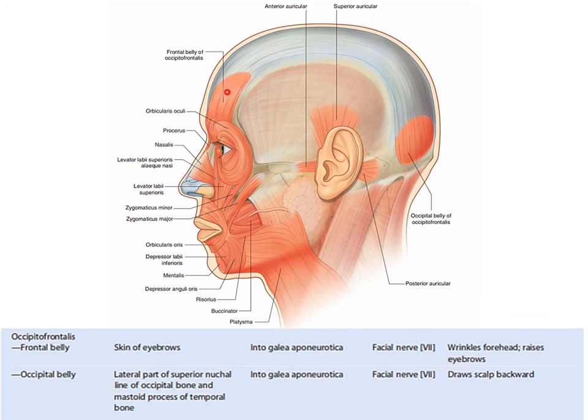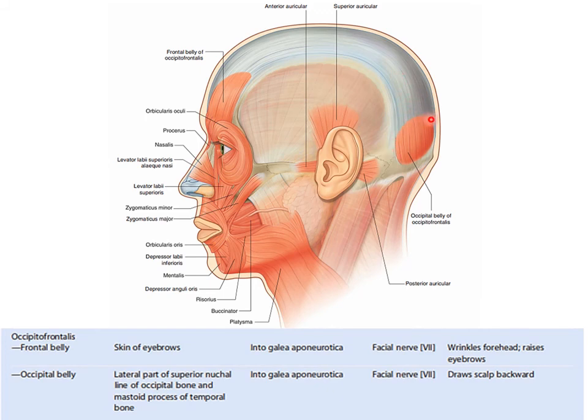This frontal belly of the occipitofrontalis muscle is supplied by the facial nerve, and it raises the eyebrow and makes wrinkles in the forehead. The posterior belly of the occipitofrontalis muscle arises from the lateral part of the superior nuchal lines and the mastoid process of the temporal bone, and it is inserted into the galea aponeurotica.